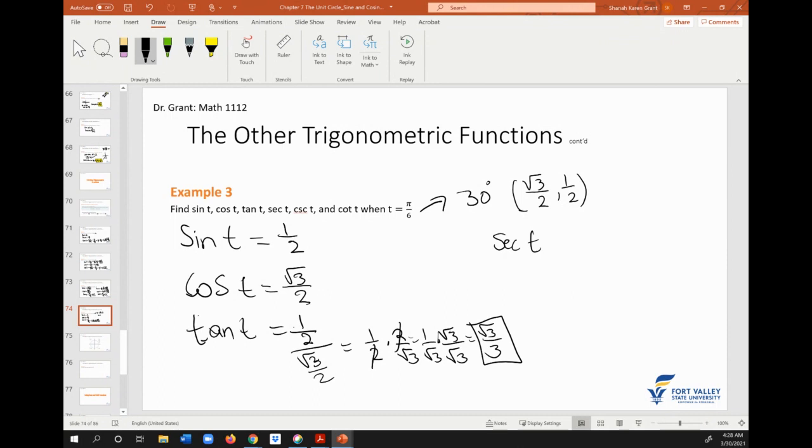SEC of t is going to be 1 over cosine, which is just flipping that, you'll have 2/√3.